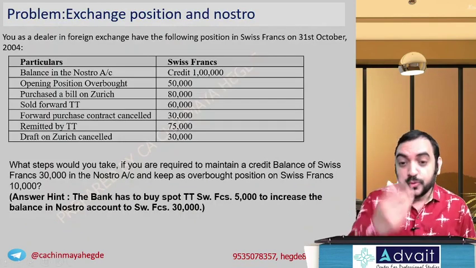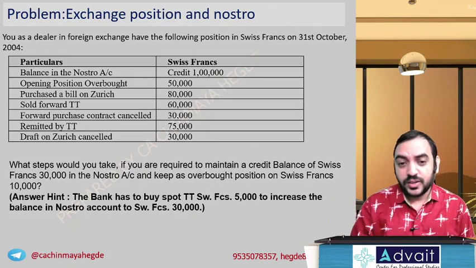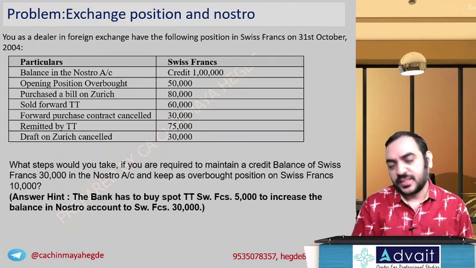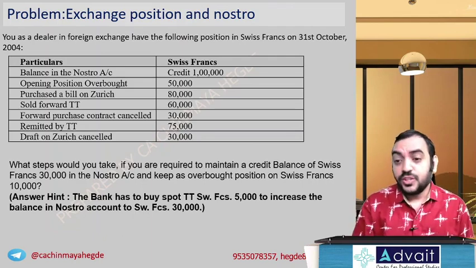Okay, so moving on to this variety now, on this Nostro problem. Only one variety problem. Many problems are there, but only one variety is there of the same kind. Let's do this problem along with we'll understand the concept. You as a dealer in the foreign exchange have the following position in Swiss francs on 31st October 2004.